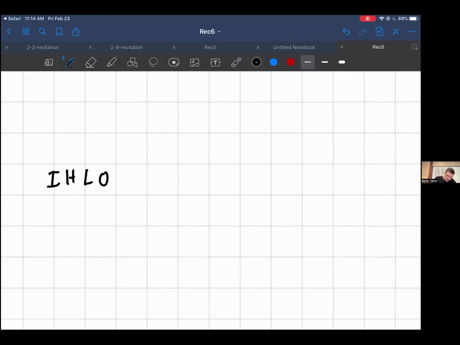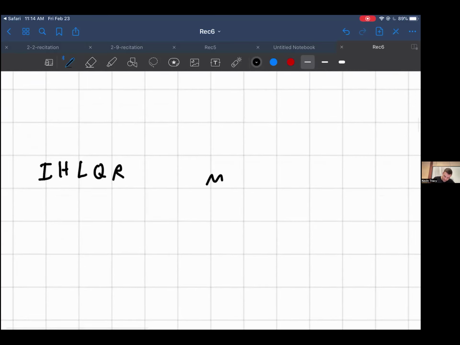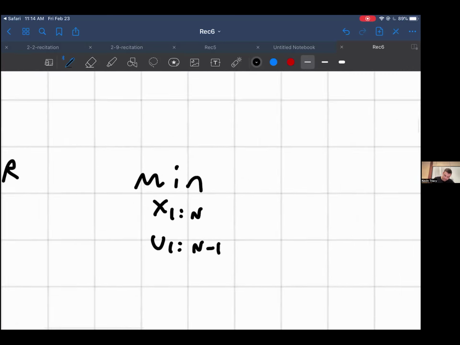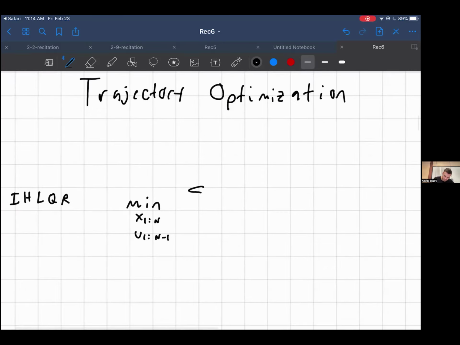infinite horizon LQR. And I'll do a lot of copying and pasting right now just to save time. Min over x1 through xn, u1 through un minus 1. Oh, this is infinite horizon, so we're going forever.